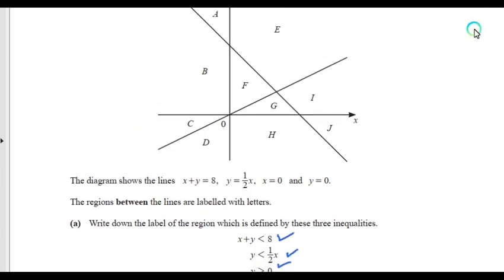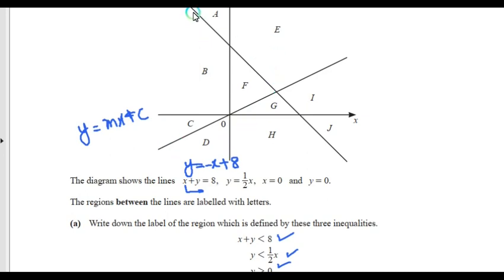So first of all, identify these lines. X plus y equals 8, obviously it should be the line which passes through 8 and has a gradient, because this is y equals, shifting x to the other side, minus x plus 8. If we compare this line with y equals mx plus c, we can see that m is negative one, c is 8. So it should be the line which has a negative gradient, and the y-intercept should be 8.